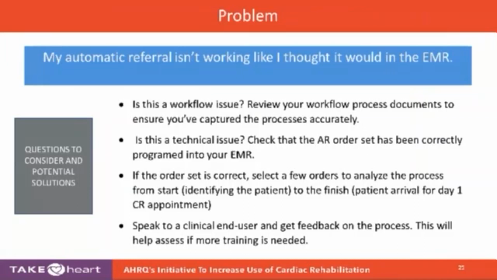And so it created the safety net to make sure that nobody was lost. And at the same time, it's promoting the availability of this resource so that providers are aware and know how to use it.